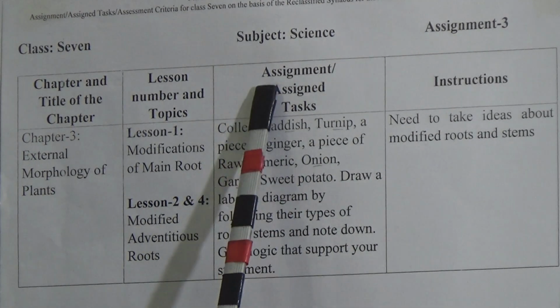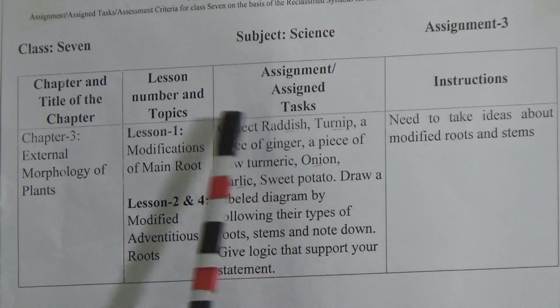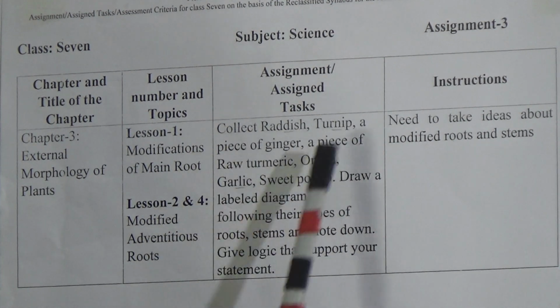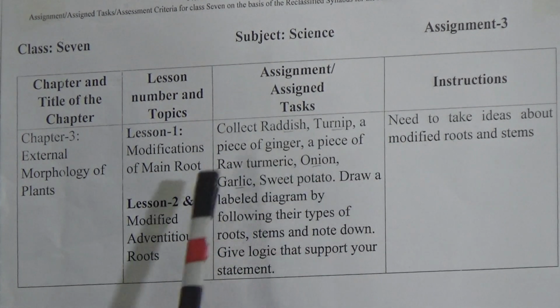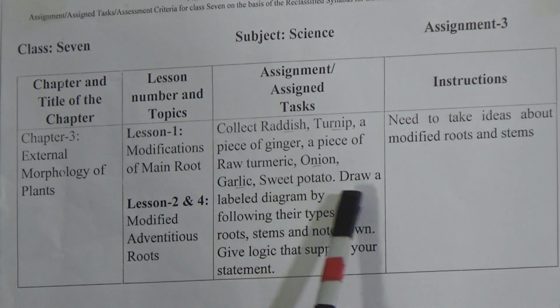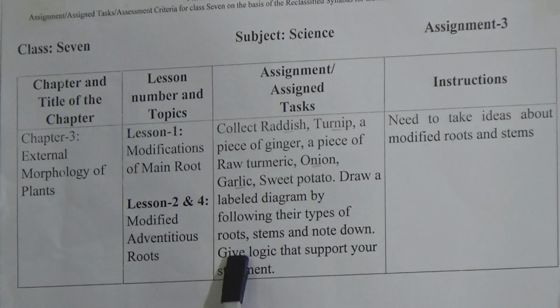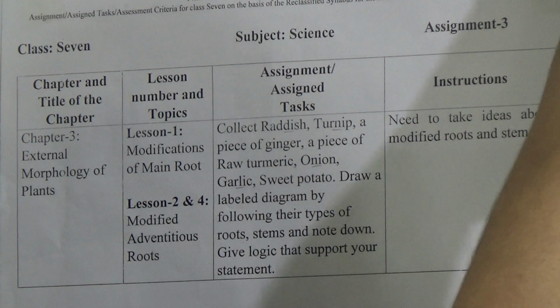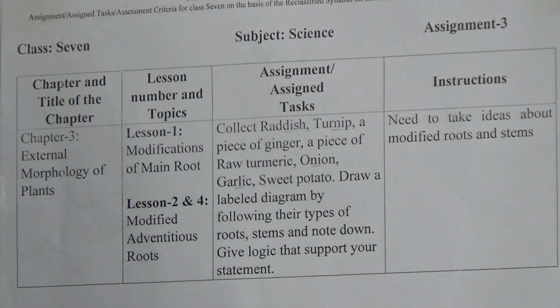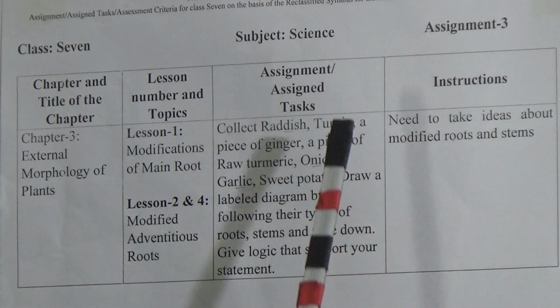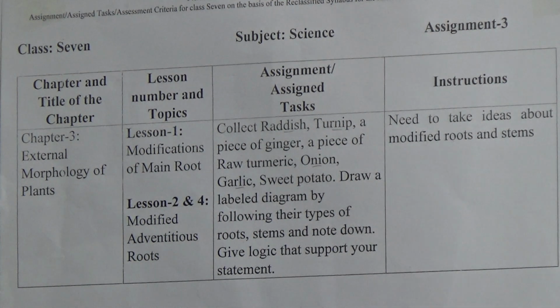Your assignment task is to collect radish, turnip, a piece of ginger, a piece of raw turmeric, onion, garlic, sweet potato, and draw a label diagram by following their types of roots and stems, and note down. Give logic that supports your statements. The instruction here is that you need to take ideas about modified roots and stems.